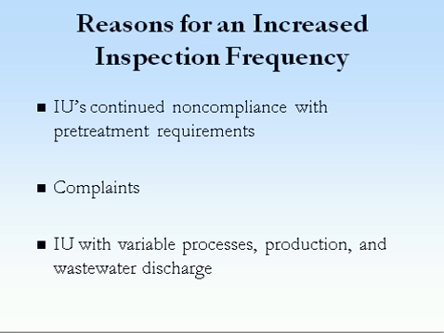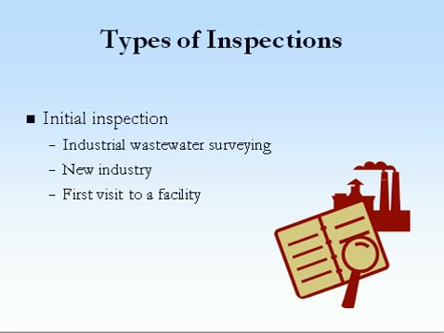This slide identifies some of those categories, such as if the industry has a history of noncompliance or sporadic compliance, if complaints have been received from the public, or if you have noticed deterioration of the collection system, as well as just variable processes and changes in the system. Our next speaker will be discussing these in more depth.